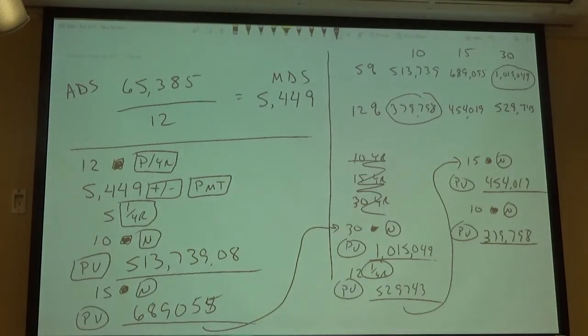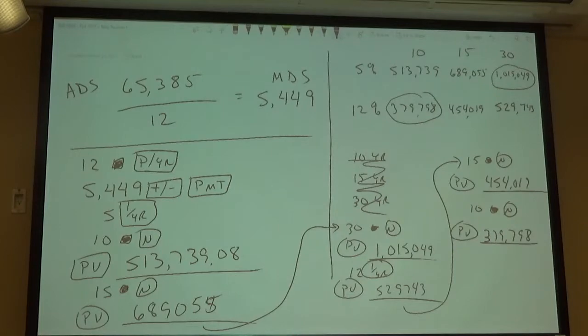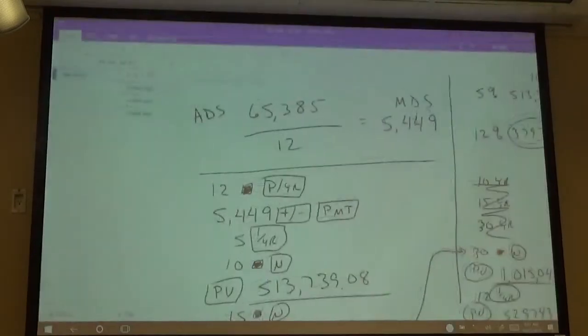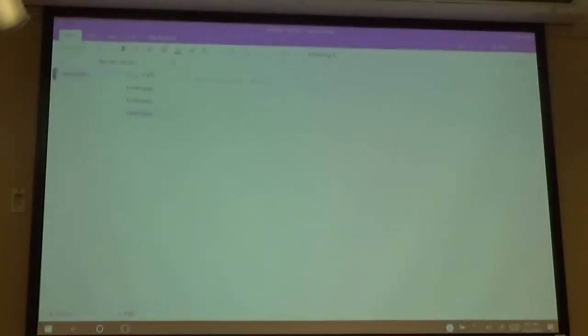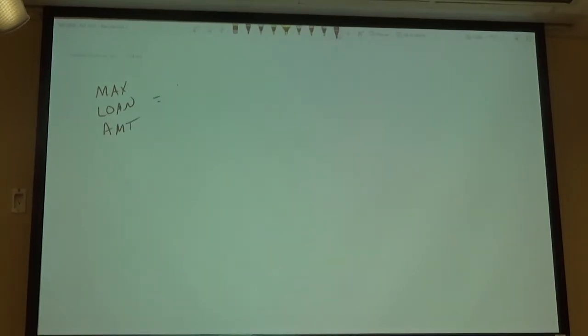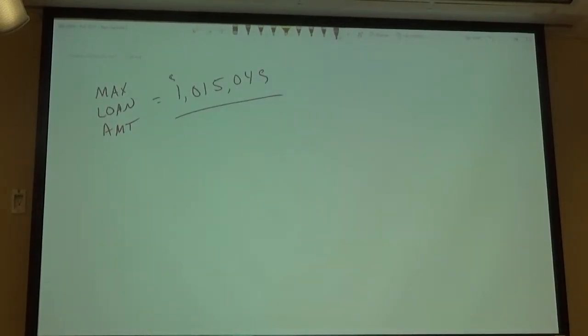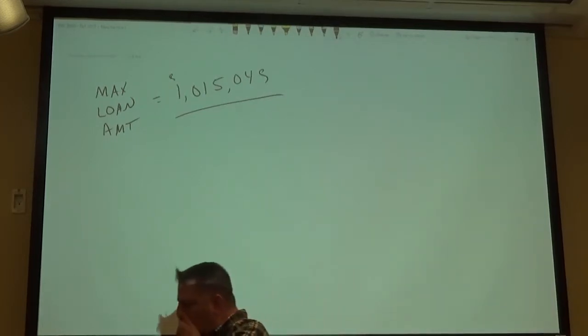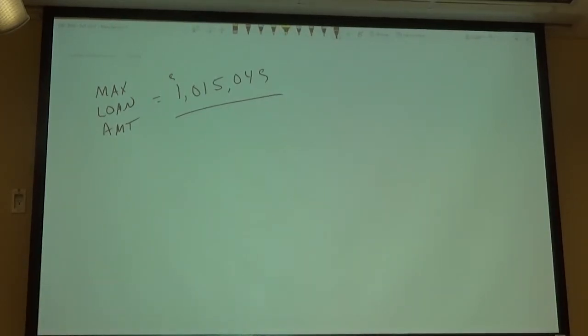So, 1,015,049. All right, let's get that. Okay, so our maximum loan amount, we're saying, is 1,015,049. Now, is that number necessarily indicative of the market value of the property?